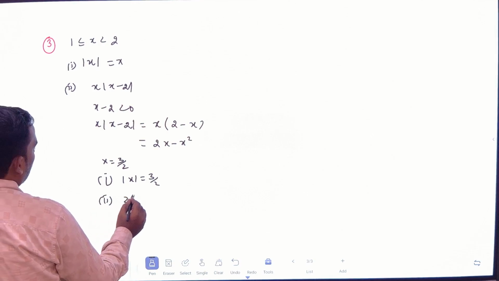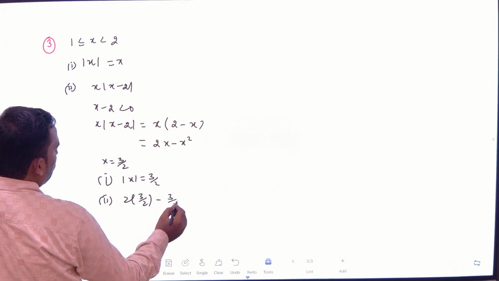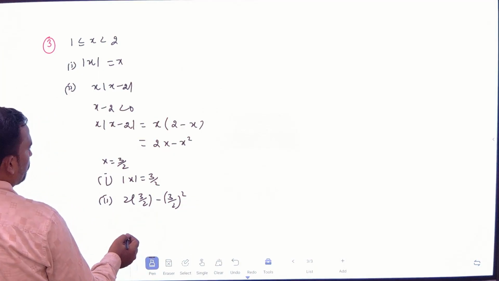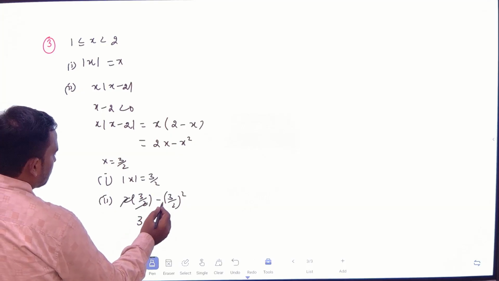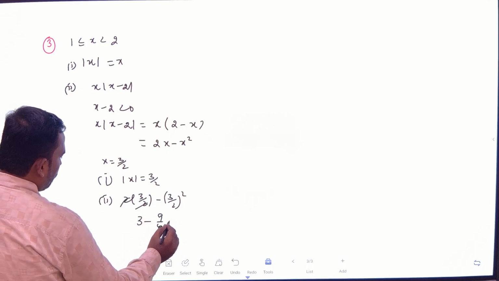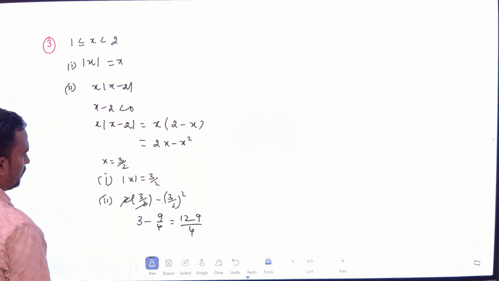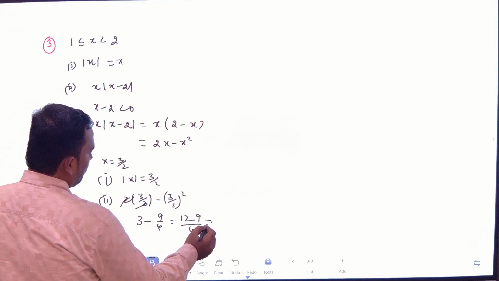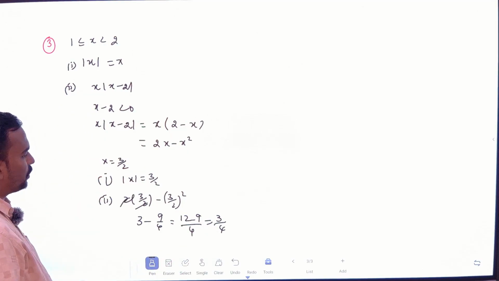Second one is 2 into 3 by 2 minus 3 by 2 whole square, right? The 2 cancels, 3 minus 9 by 4. It is 12 minus 9 by 4, so that is 3 by 4, right? 3 by 4, and this is 3 by 2.